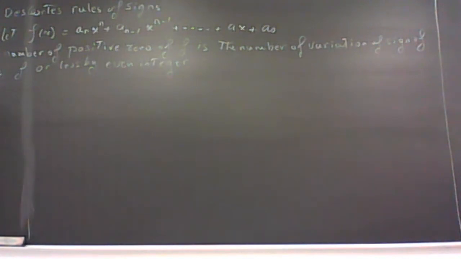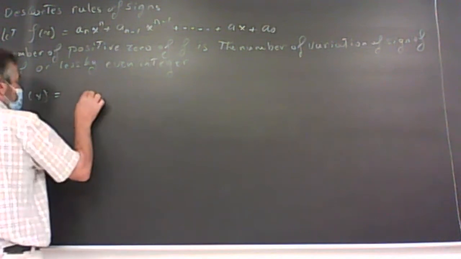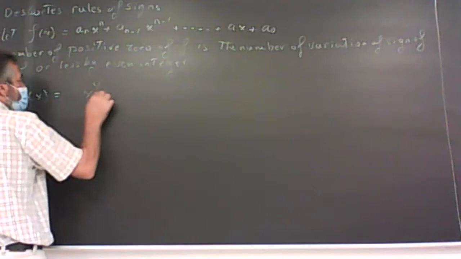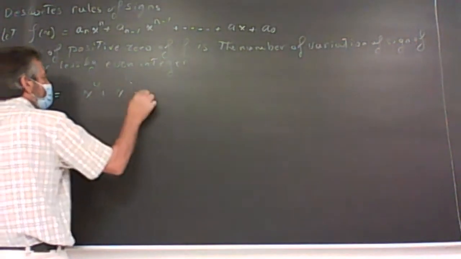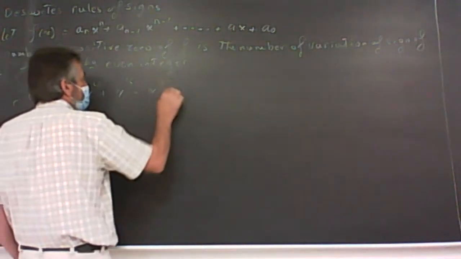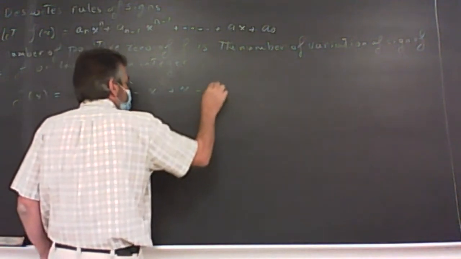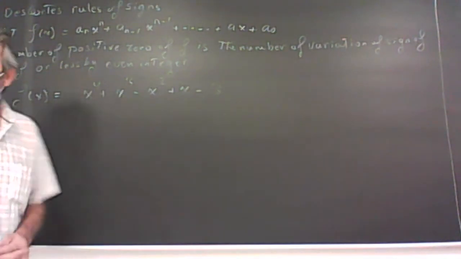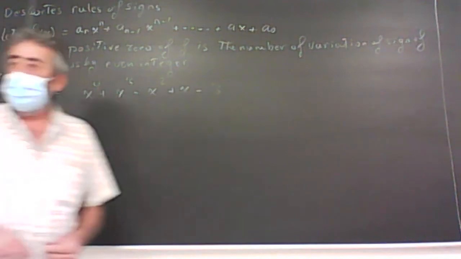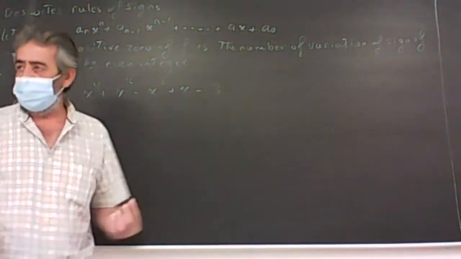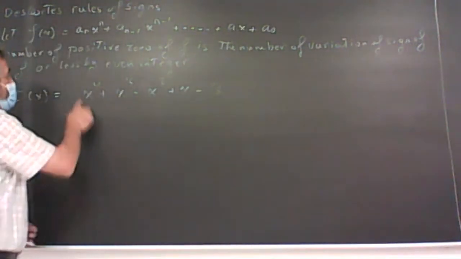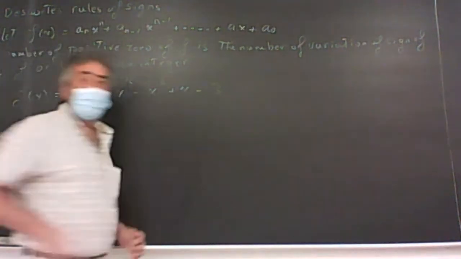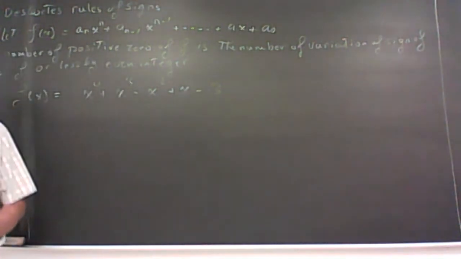Another way, let's go ahead and do an example so we can illustrate this a little bit better. Say for example, let f of x equal x to the 4 plus x cubed minus x squared plus x minus 3. That's that polynomial. If I want to know how many possible positive zeros of f of x there are, then I can count how many times the sign changes in the polynomial itself.